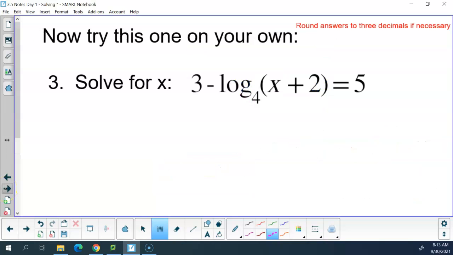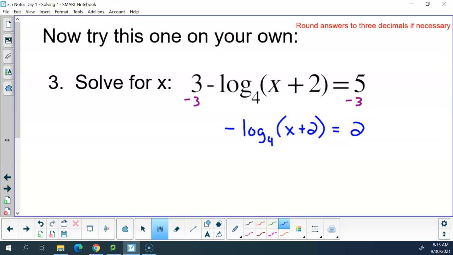Try this one on your own. Yep. Subtract 3 first. That gives me negative log base 4 of x plus 2 is going to equal positive 2.